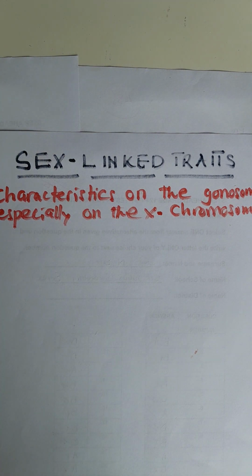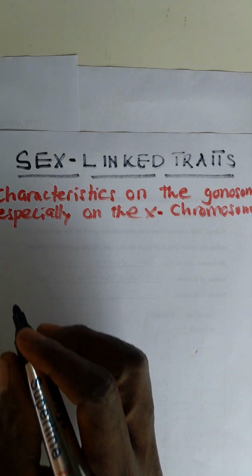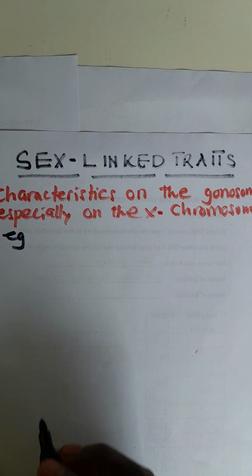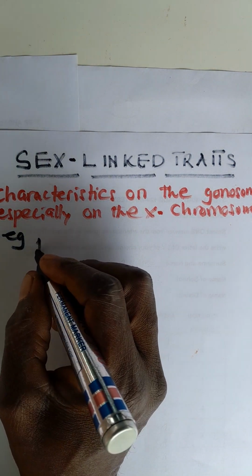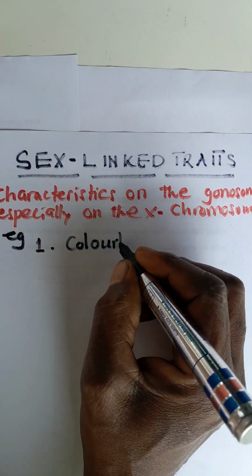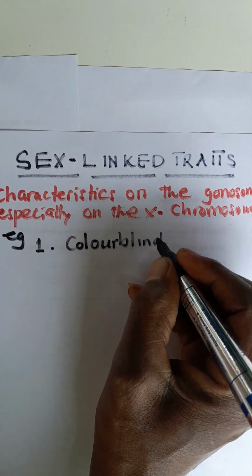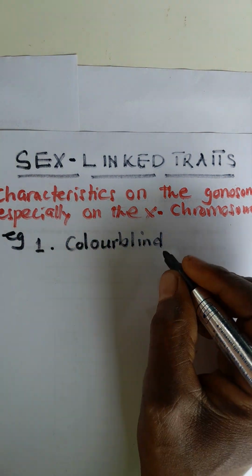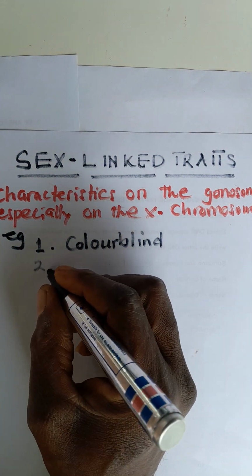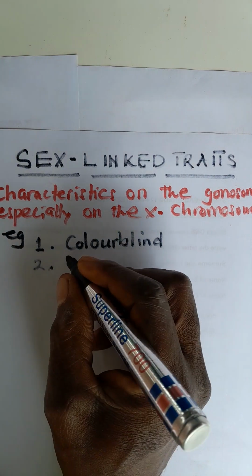So two types that we can identify according to the prescribed content of your examination guideline. There are two types of sex-linked characteristics. We have, e.g., one, color blindness, and number two, hemophilia.